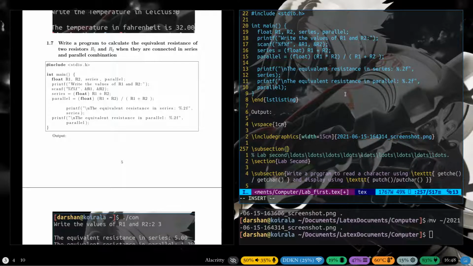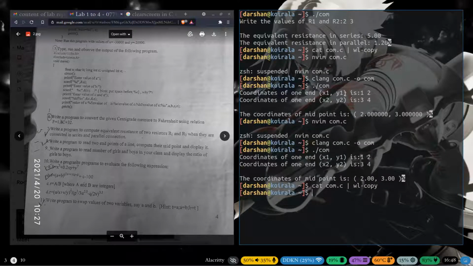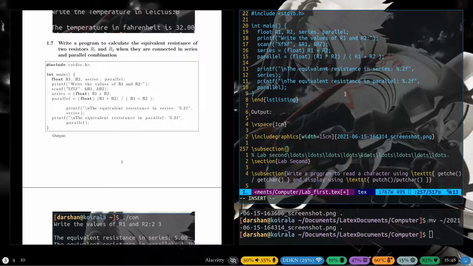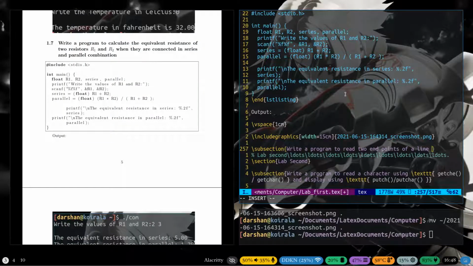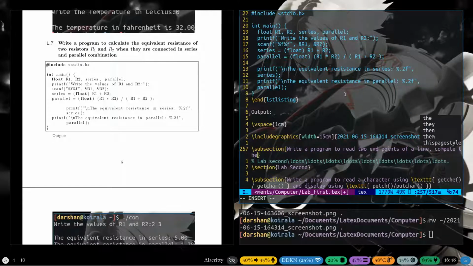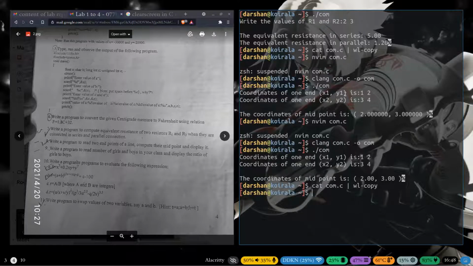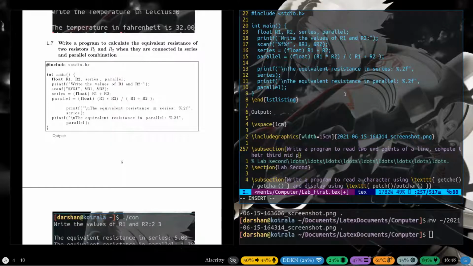Subsection. What is it? Write a program to read 2 endpoints of a line, compute their midpoint and display it.